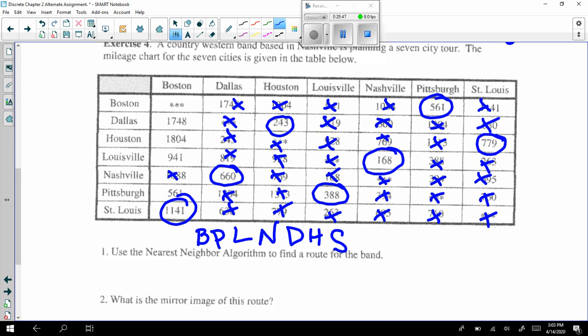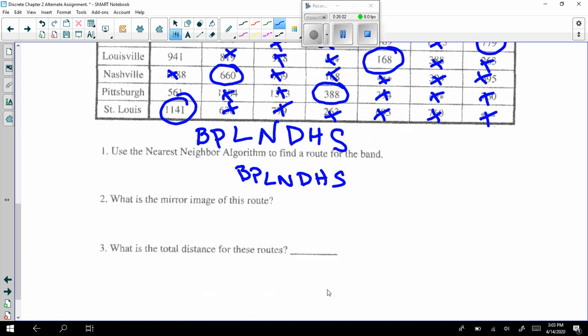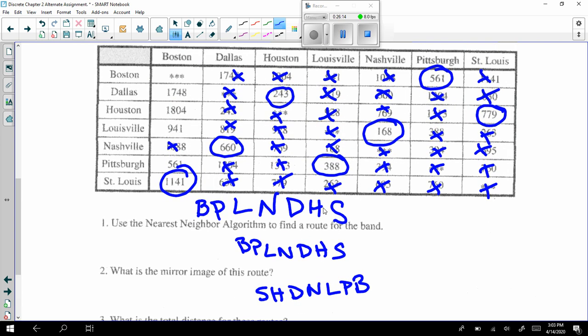All right. So using the nearest neighbor algorithm, we're going to go B, P, L, N, D, H, S, or the mirror image of that is S, H, D, N, L, P, B. And the sum of those routes, let's go ahead and put those together.